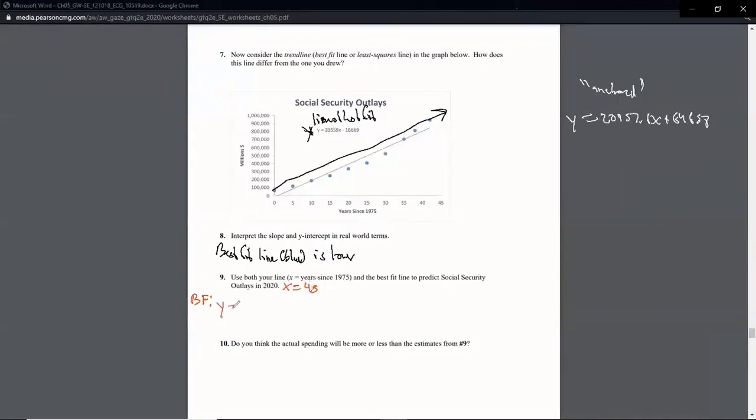So it's y equals, for the line of best fit, and this equation is not the exact same as the very original one, which had like a negative 70 million here because they were considering all years. This is switched to years since, so that makes it more comparable. All right, so 20,559 times 45 minus 16,869.